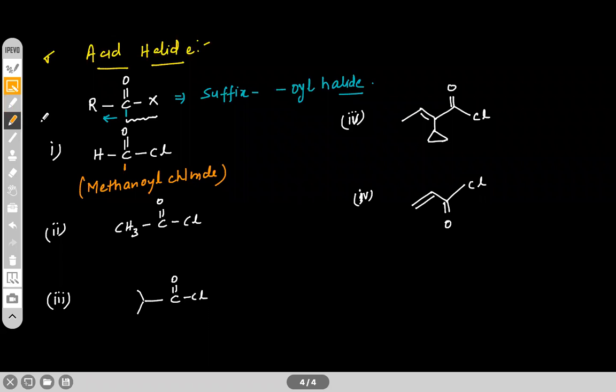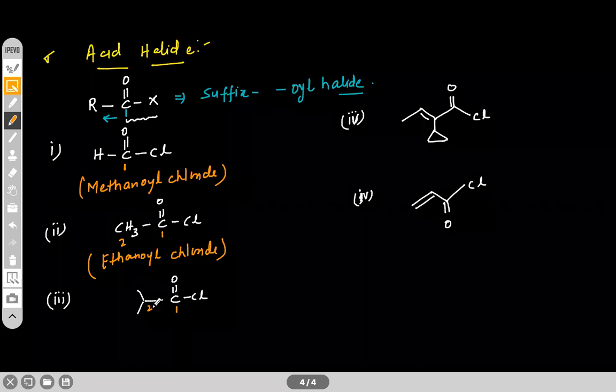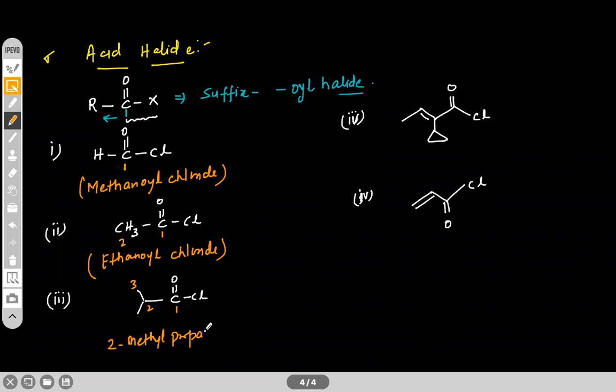The second one has 2 carbons, so ethanoyl chloride. For this one, 1, 2, 3, so 2-methylpropanoyl chloride.